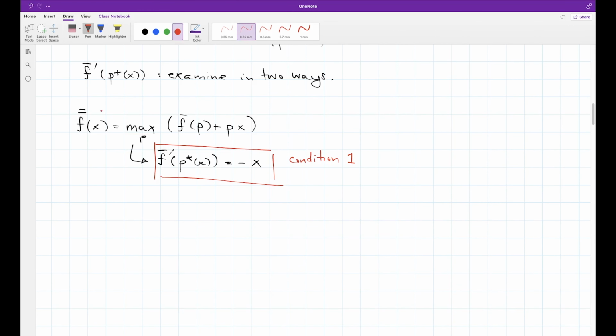For the other one, unfortunately, we're going to have to work a lot harder. We're going to do something similar to this. So we know that f bar of p is equal to f of x star of p minus p times x star of p. And that's just by the definition of x star. Good. Now, let's take a derivative with respect to p of both sides. That will give us f bar prime of p is equal to f, well, we'll have to use the chain rule on this term. Let me actually mark that down.